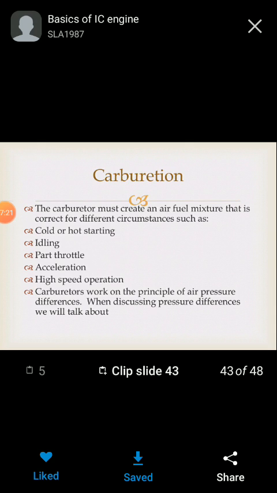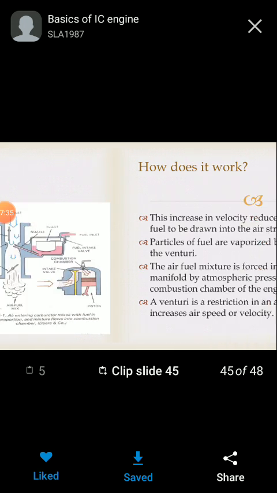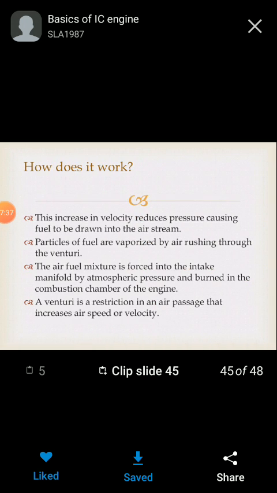The carburetor works on the principle of air pressure differences. Air enters the top of the carburetor and is mixed with the liquid fuel. How does it work? This increase in velocity reduces the pressure, causing the fuel to be drawn into the air stream.